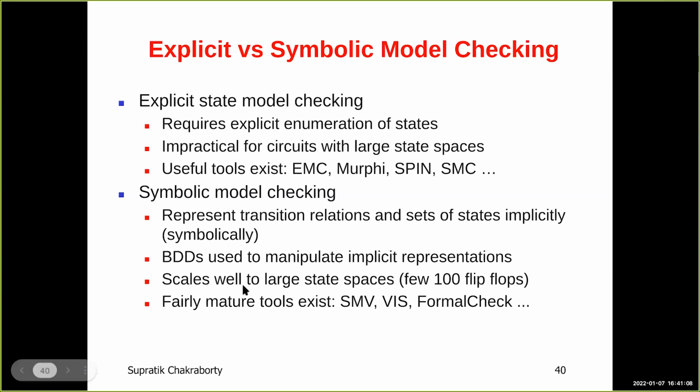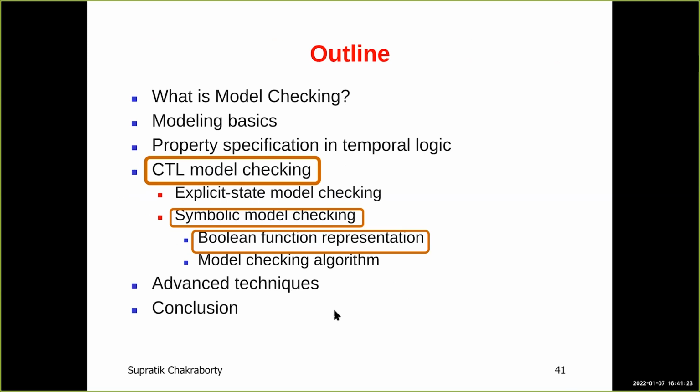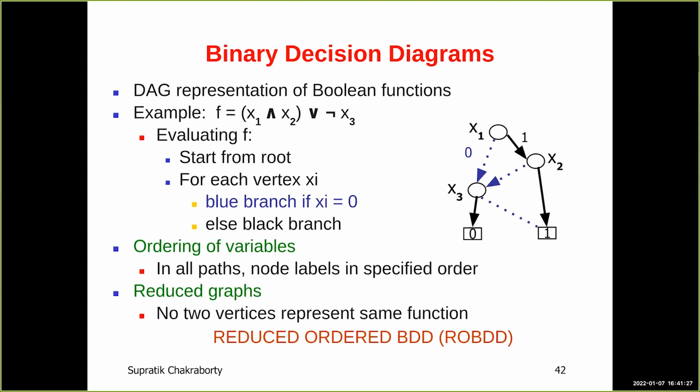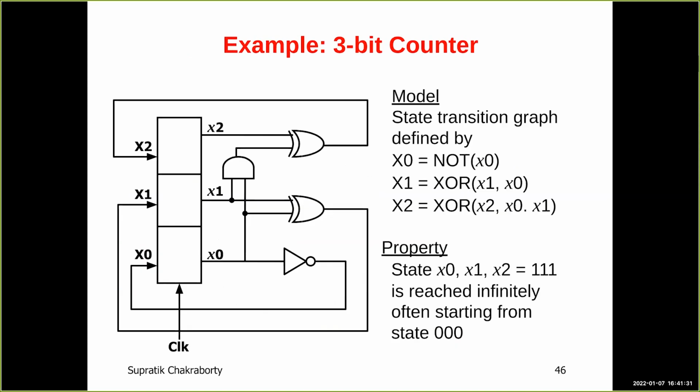And this scales well to maybe a few hundred flip-flops, but it has problems even beyond that. And I'll tell you briefly about what we do when we go even beyond that. And once again, there are fairly mature tools that exist. Okay, so BDDs we have already seen. So how do we do this symbolic checking of CTL formulas?